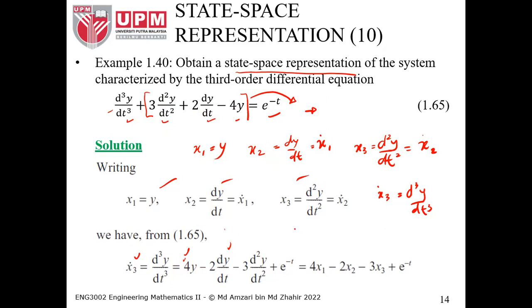If we simplify, we know that y equals x1, so x dot 3 is equal to 4x1 minus 2 times dy over dt, which is x2, so we put x2, minus 3 times the double differentiation, which is x3, and plus the exponential of t. So we have this equation for x dot 3.